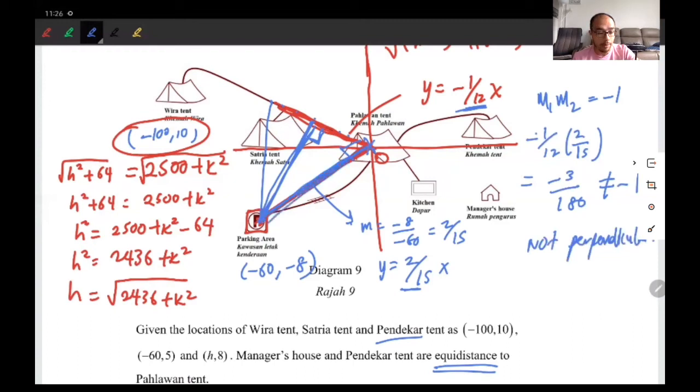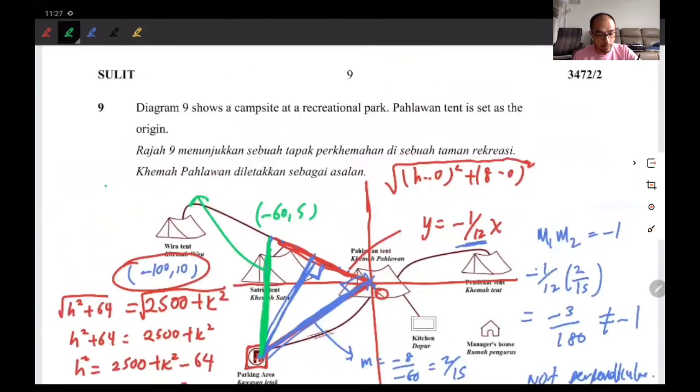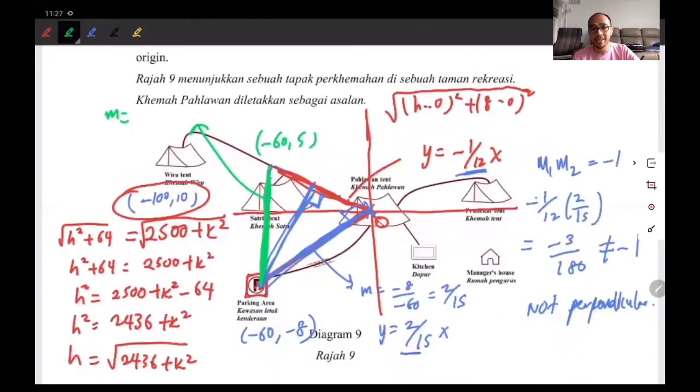Now I'm going to change color and do this one from the parking area all the way to Satria. Satria just now was negative 60 and 5. So the gradient is slightly different now. Let's find this gradient first. Actually, it's not possible.